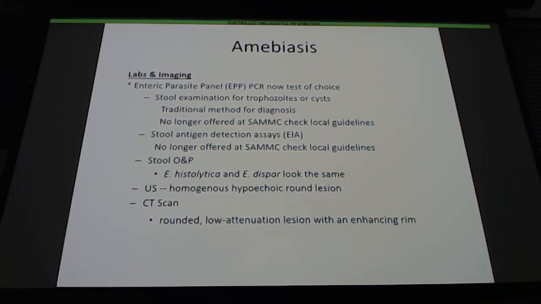If it is intestinal only, your EIA and your ELISA probably won't be up at all because it's not systemic. And if it's outside your system, for example in the liver, you can also do that ultrasound or the CT scan.